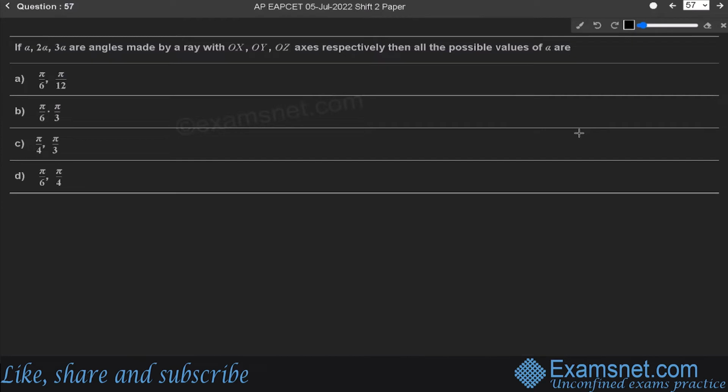Next question is, if alpha, 2 alpha and 3 alpha are the angles made by a ray with OX, OY, OZ axis respectively, then all the possible values of alpha are. We know that there is an equation which is cos square alpha plus cos square beta plus cos square gamma is equal to 1. Here alpha is equal to alpha, beta is equal to 2 alpha and gamma is equal to 3 alpha.